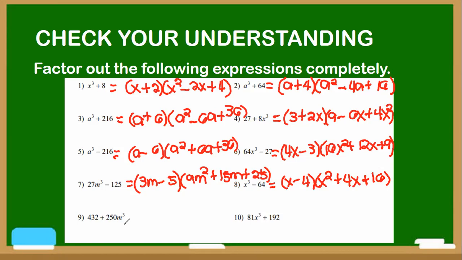So number 9, 432. Let's try answering for the expression 432 plus 250 m cubed.